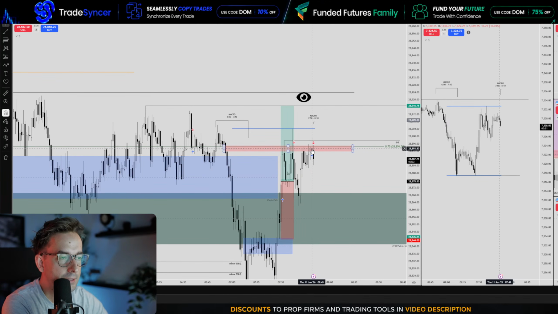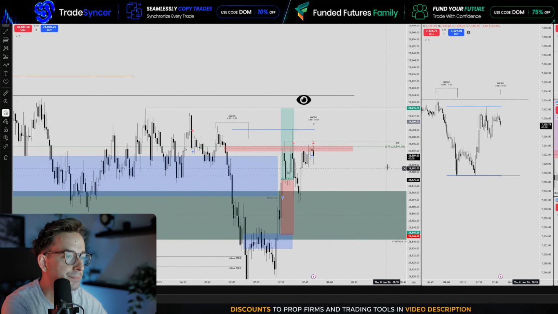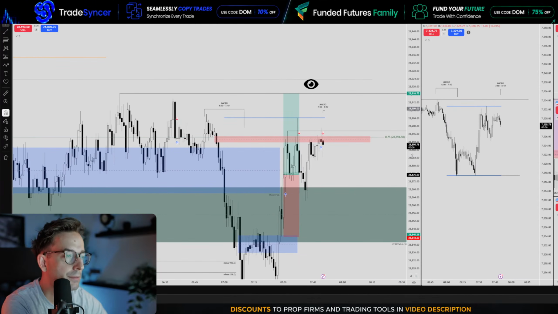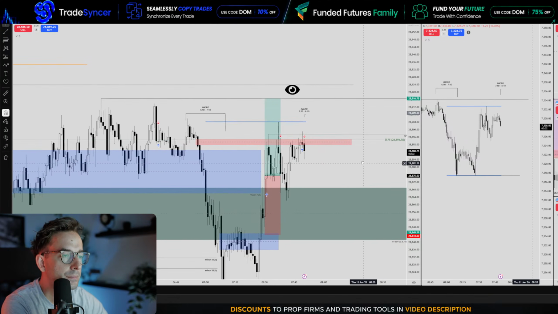I wanted to see this body here close above. I was 1 second early there on my entry, but I did manage to mitigate half my loss there by exiting early. Tough PA.